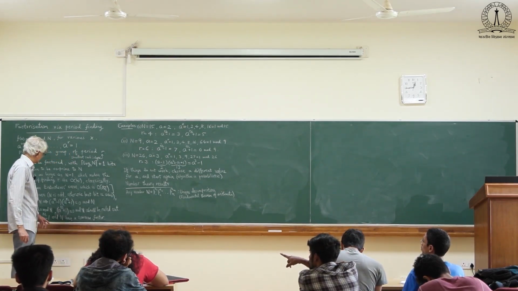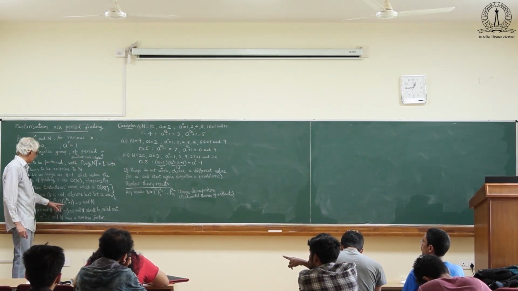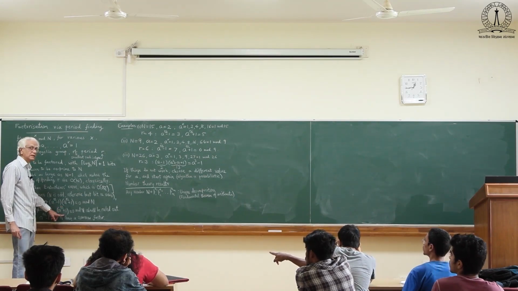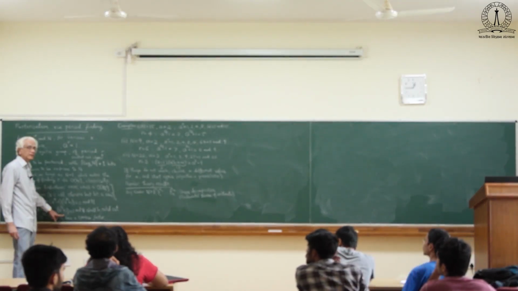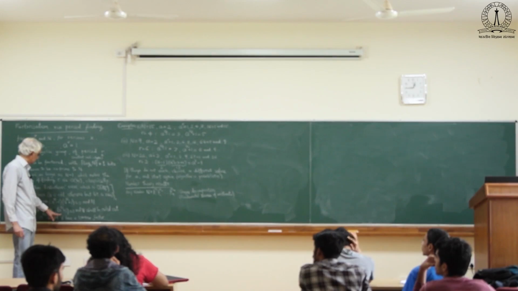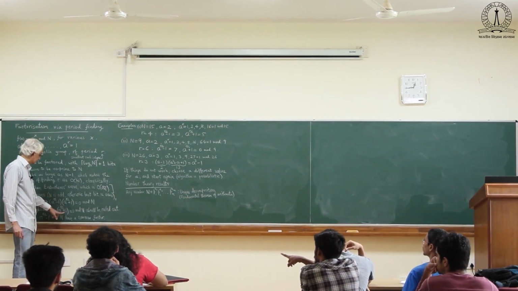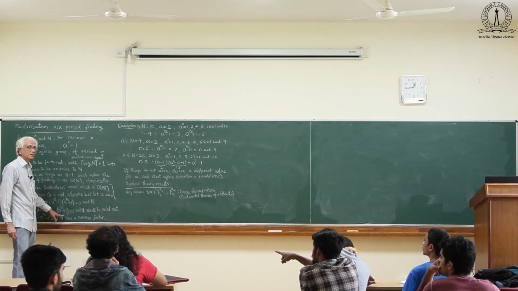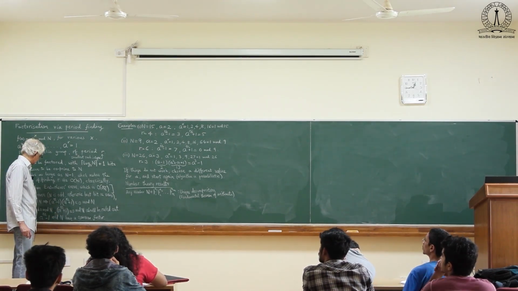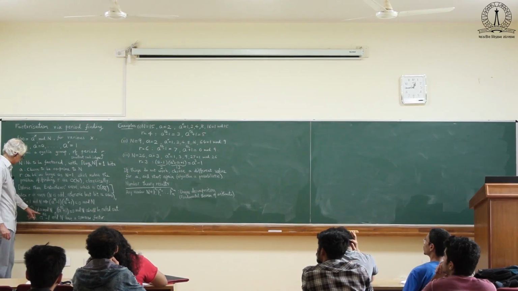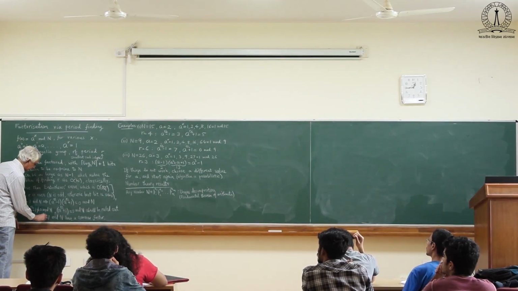A raised to r by 2 minus 1, and then, should it be a raised to r by 2 plus 1, and then it is plus 1, because this one can never be 0. But this can be 0. This is minus 1 only.